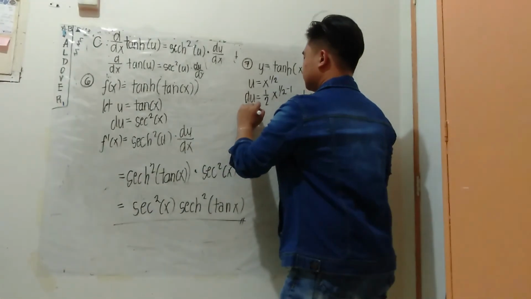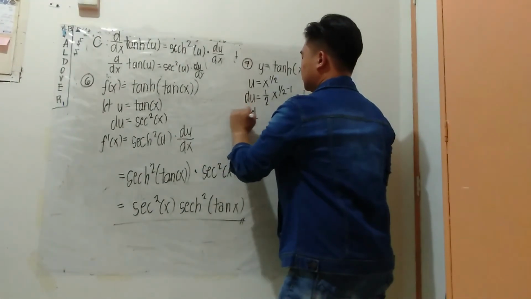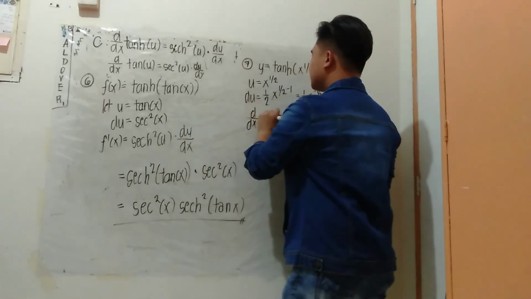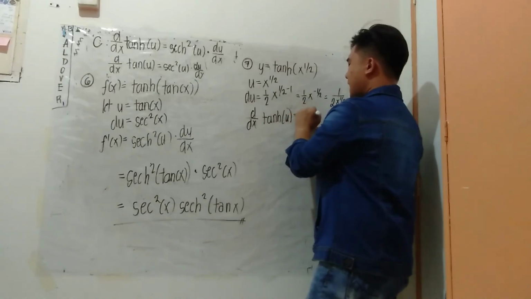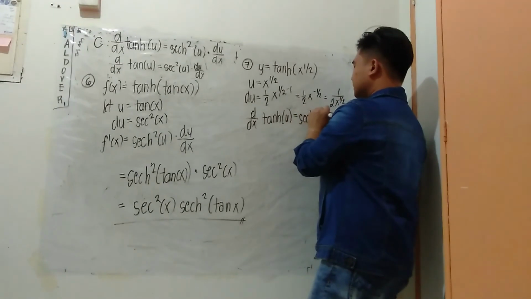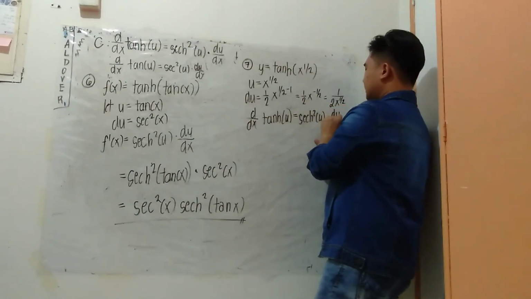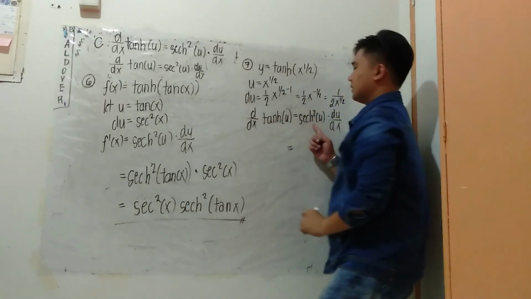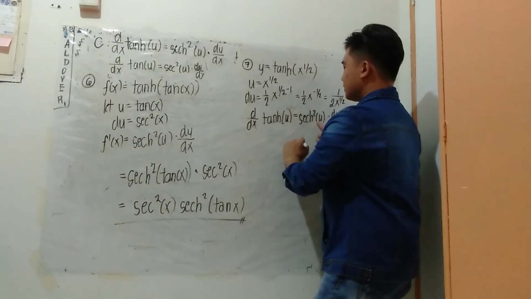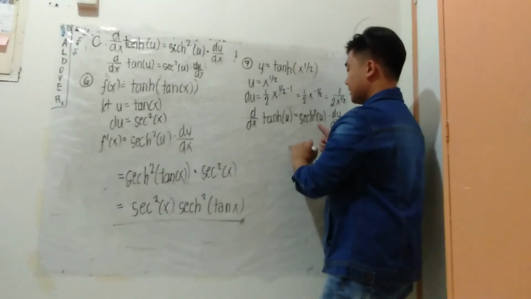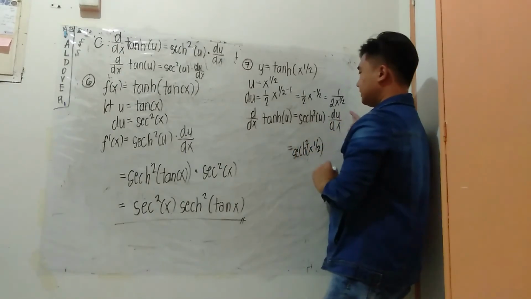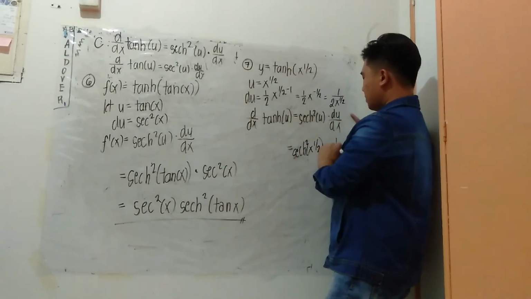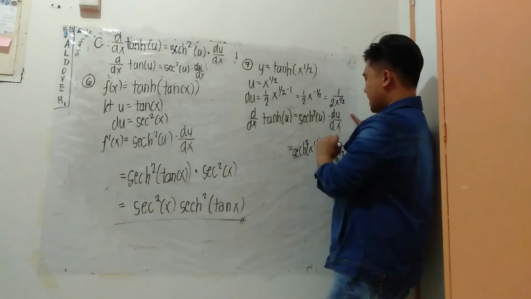So, what's the derivative of hyperbolic tangent of u or tanh u? That is equals to hyperbolic secant squared u times du dx. Okay? What is u? X raised to 1/2. Du dx, 1/2 x raised to 1/2.